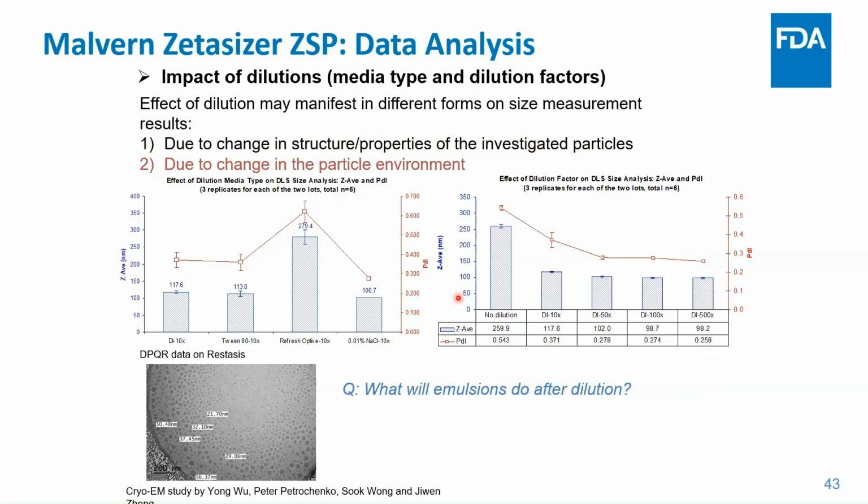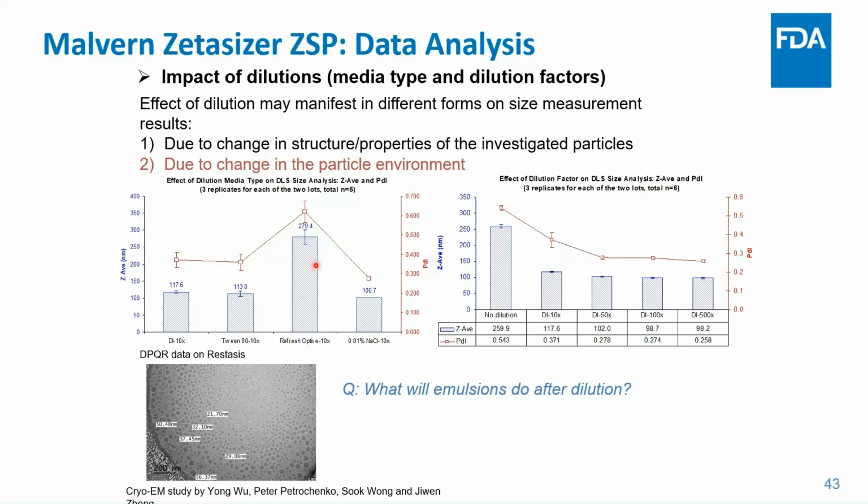So this is something that Xiaoming alluded to, which is the impact of dilutions on globule size distribution of an ophthalmic emulsion. First we can see here the same product diluted either into DI, some surfactant, the original, or sodium chloride.